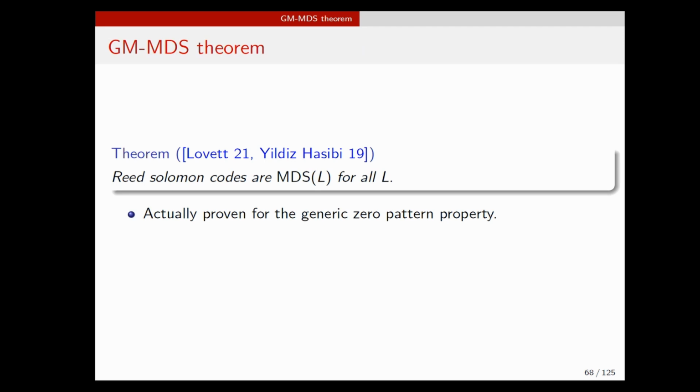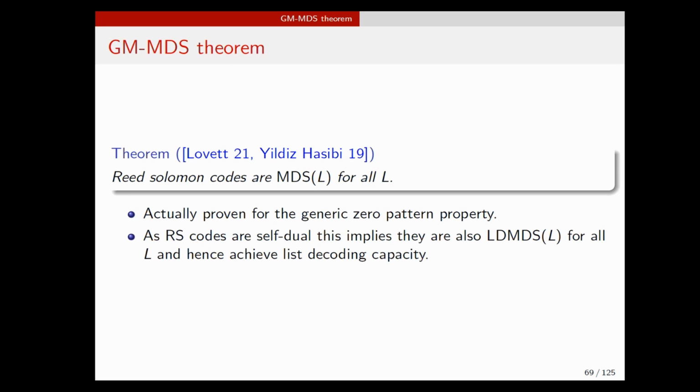In particular, that also means that Reed-Solomon codes achieve this decoding capacity, because Reed-Solomon codes are self-dual. We saw that the parity check matrix of a Reed-Solomon code also looks like a Reed-Solomon code, and that means that Reed-Solomon codes are LD-MDSL for all L, and hence they achieve this decoding capacity.